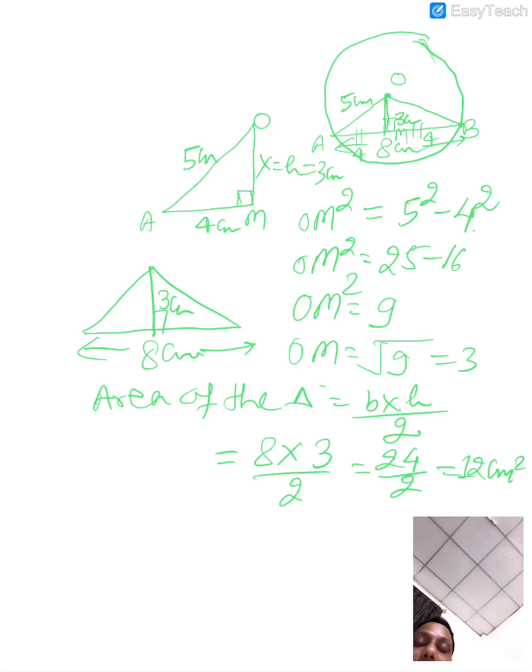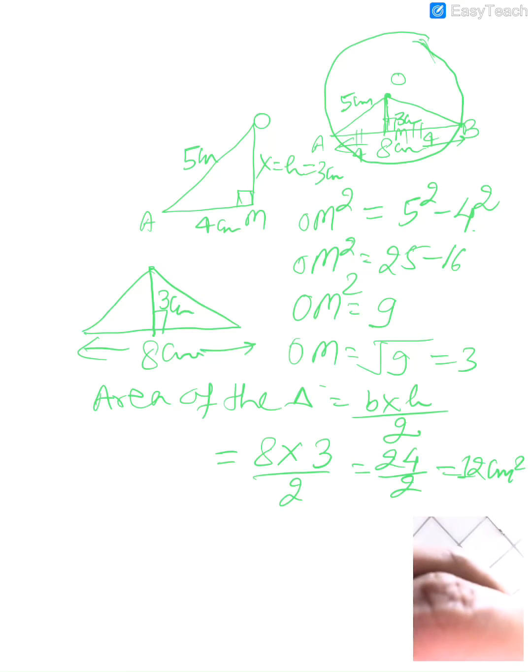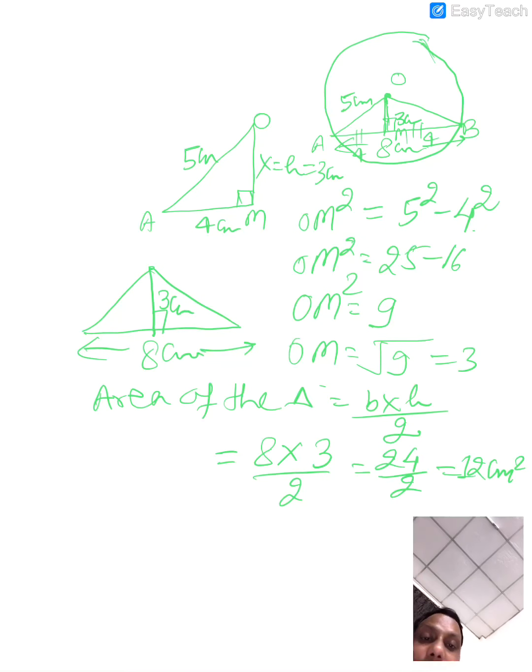Now if the same question I told you to find the area of the red color, meaning the shaded area, so already you have the area of the triangle.